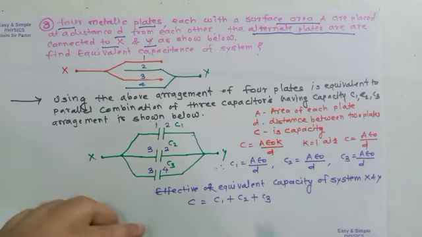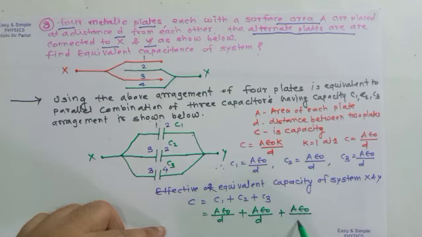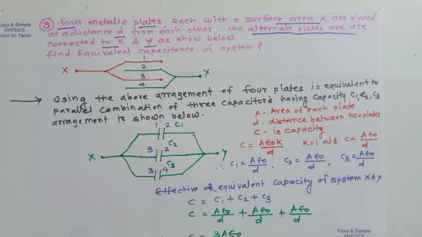If we substitute the values here, the values are A epsilon 0 upon D plus A epsilon 0 upon D plus A epsilon 0 upon D, and therefore the equivalent or effective capacitance of the system across XY will be 3A epsilon 0 upon D, will be the answer for such type of example.